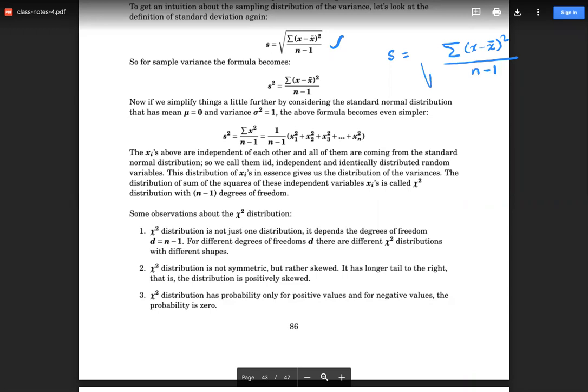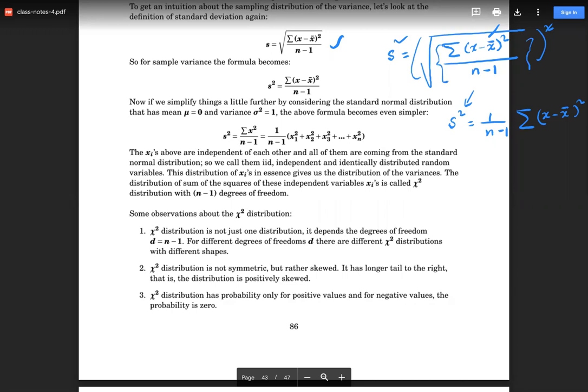Now, if you square both sides, you get S square, and the square root cancels. You get S square is equal to 1 over n minus 1 times the summation of x minus x bar, whole square.